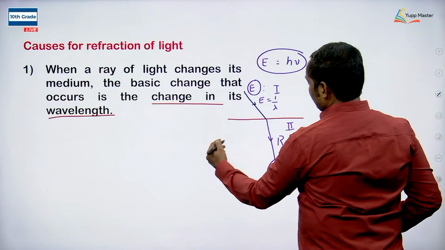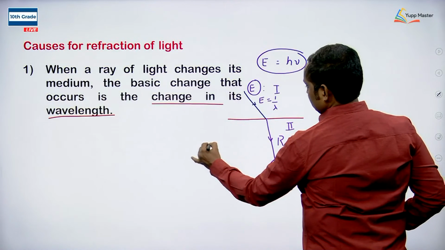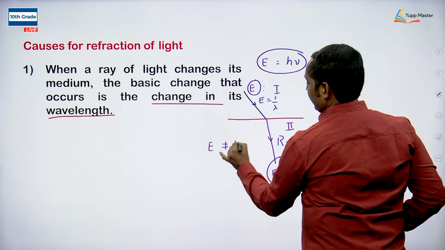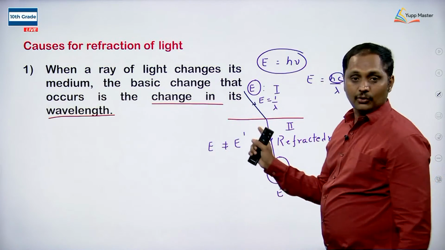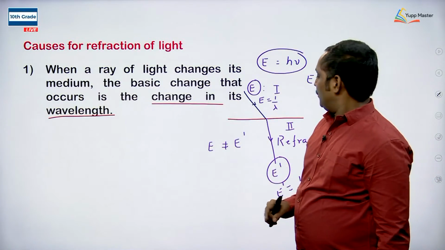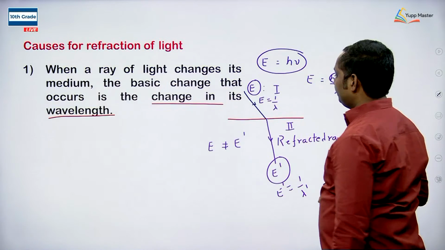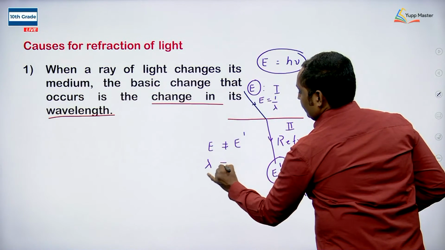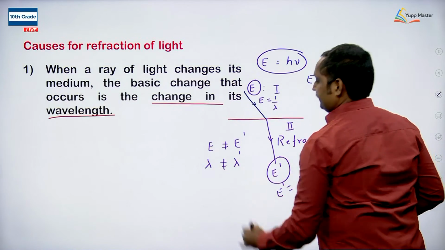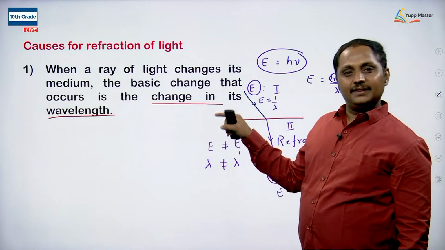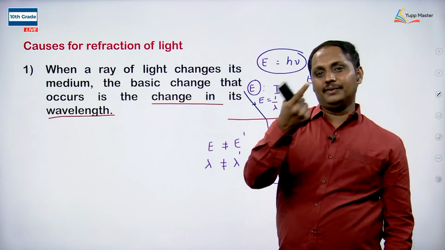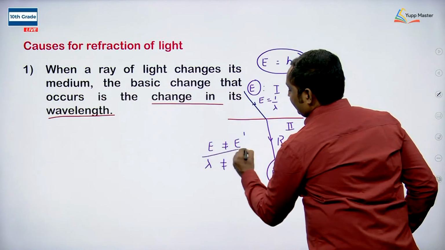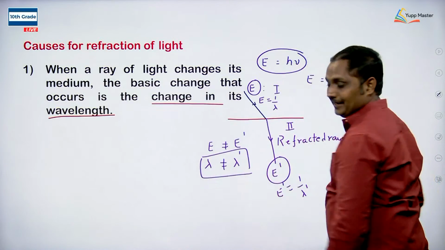Now, E is not equal to E dash, so you can confirm lambda is not equal to lambda dash. Either it is greater or lesser, we will discuss. So, what happened? There exists a change in wavelength.